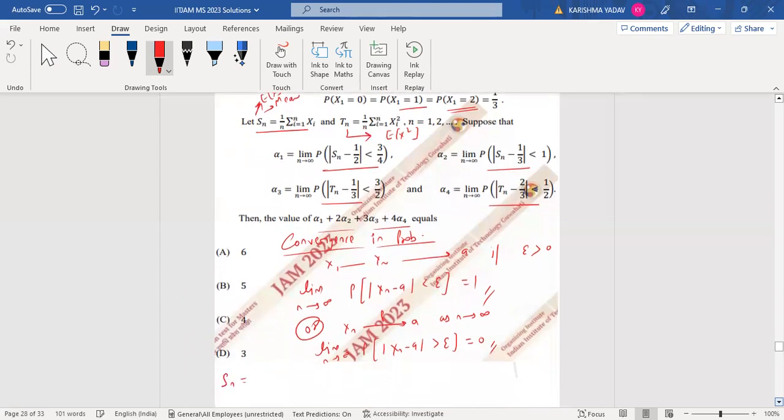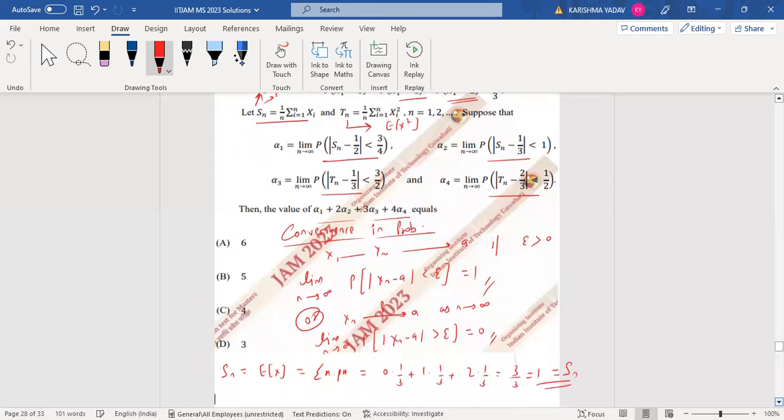Sn is the expectation of x, which is equal to sigma x into px. So we can find the expectation of x like 0 into 1 by 3 plus 1 into 1 by 3 plus 2 into 1 by 3, which is 3 by 3, equal to 1. So I got Sn is equal to 1.